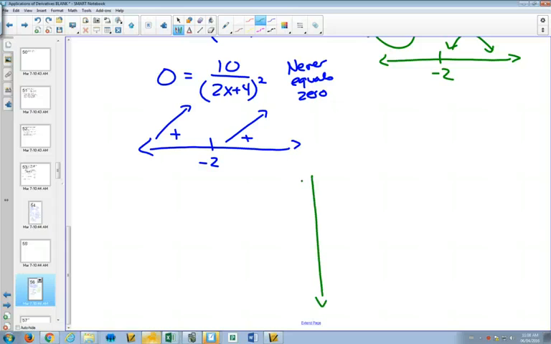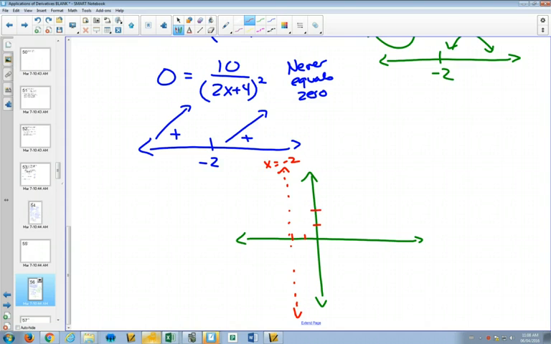Set up my grid. What I do know is that at -2, I have one asymptote. At y equals 1.5, or 3/2, I have another asymptote.